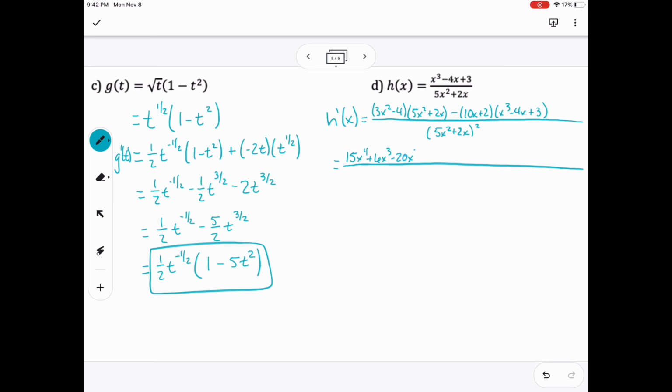So here, I'm going to multiply all my terms out. I'll distribute that negative through to the first binomial, so it becomes negative 10x minus 2. And then I'll do the same thing, so multiply the negative 10x by everything and the negative 2 by everything.